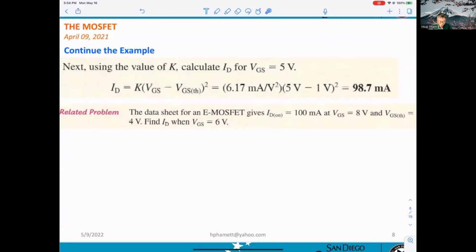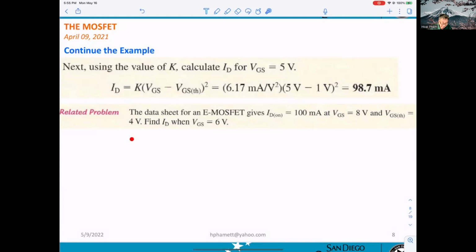And now you do a related problem for me. The data sheet for an E-MOSFET gives ID(on) of 100 milliamp at VGS equal 8 volt and VGS(th) equal 4 volt. Find ID when VGS equal 6 volt. So go ahead and do it for me.